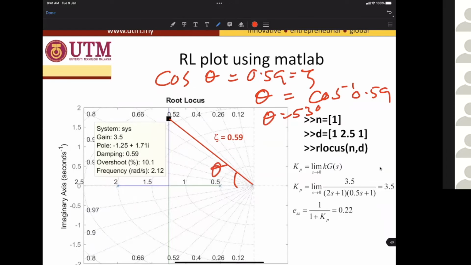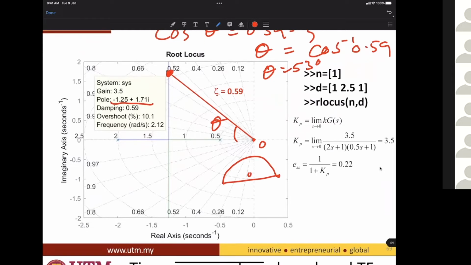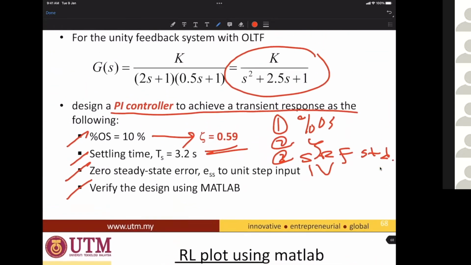Kemudian ambil protractor. Letak kat sini. Kemudian bagi sudut dia 53 darjah. Dia cross kat sini. So bila dia cross kat sini itu adalah dominant pole. Okay. Dominant pole. Dia tak ada third pole sebab sistem ini adalah second order. Kan? Sistem ni second order.